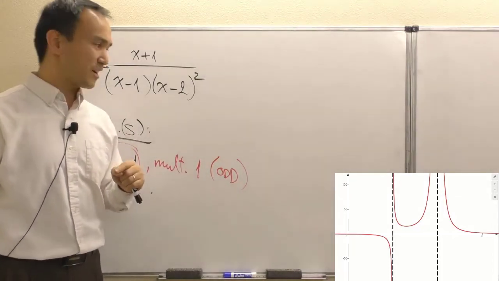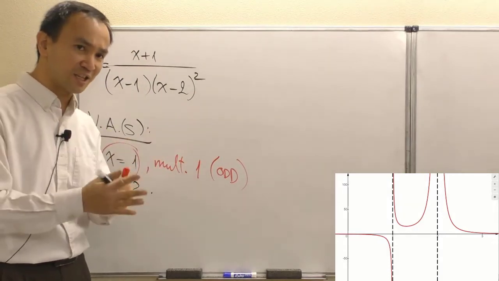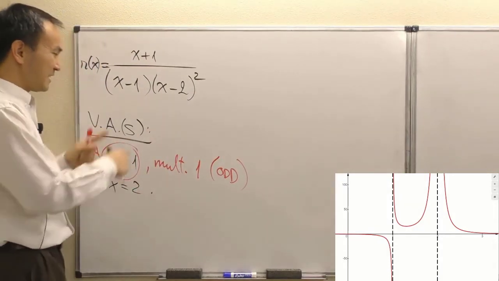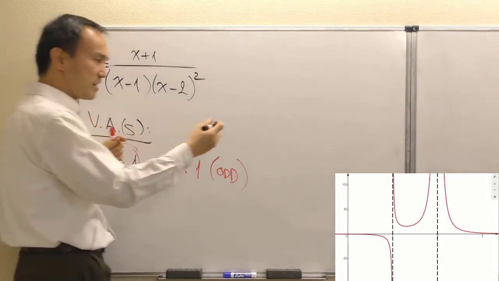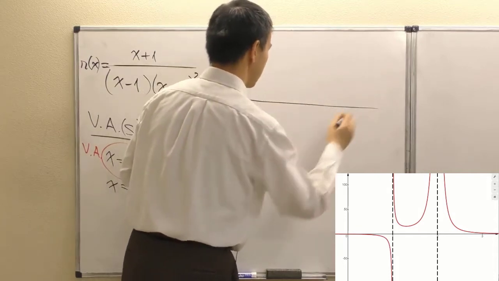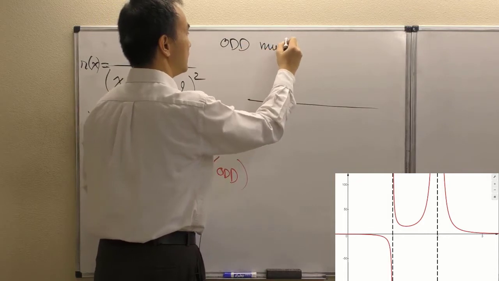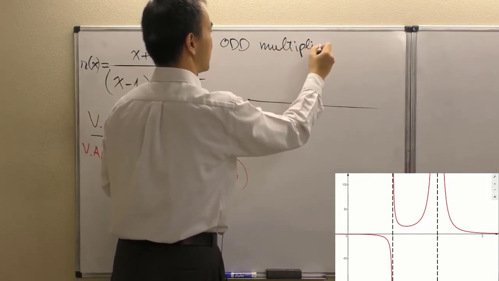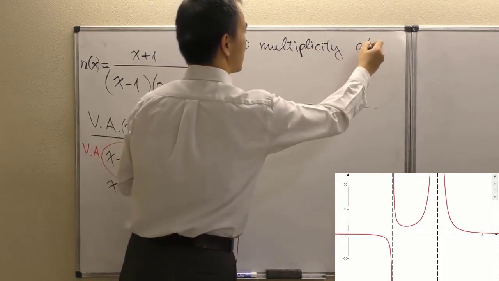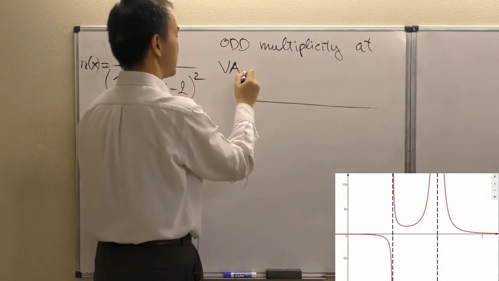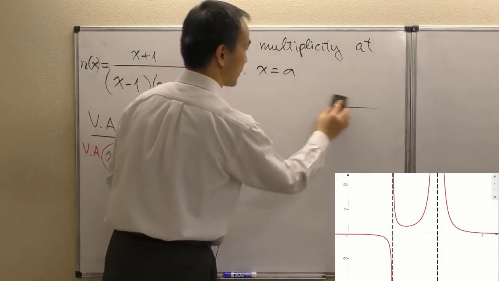If we have a VA at a 0 in the denominator and the multiplicity is odd, then at a VA x equals a, for example, this is what I see from that graph.